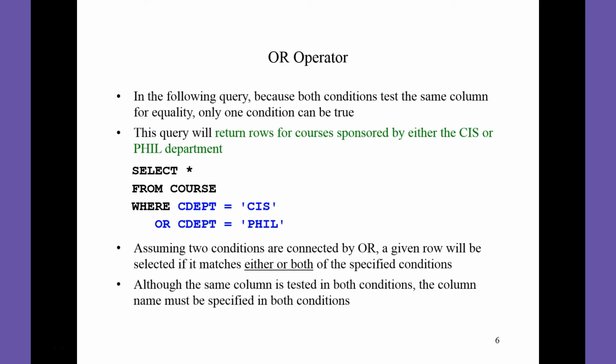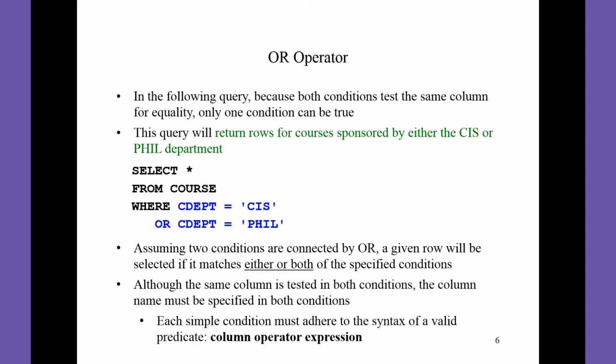As in our last example for the AND operator, we are again testing the same column. So we have to formulate well-formed predicates. Note also that the order of the predicates is not significant. It will have no effect on the query result or the performance of the query.